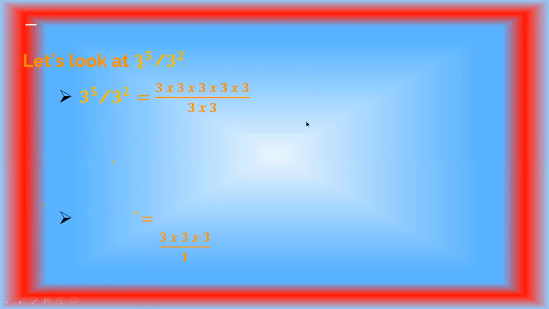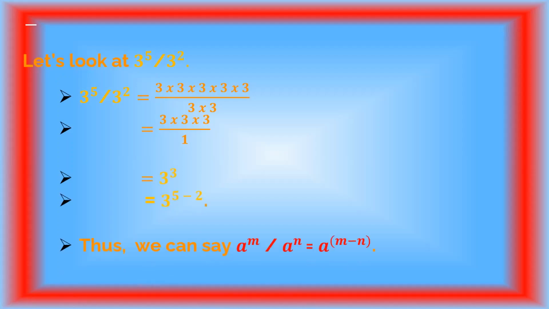So we'll get 3 into 3 into 3 divided by 1, which is 3 cube, which is 3 raised to 5 minus 2. So we get the second law: a raised to m divided by a raised to n will be a raised to m minus n. Any doubts still here, anyone? No, sir. Okay.